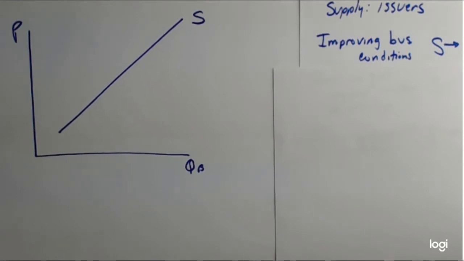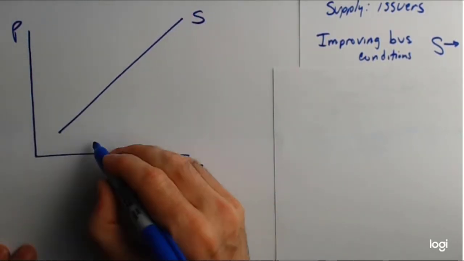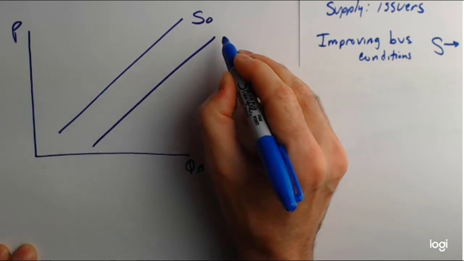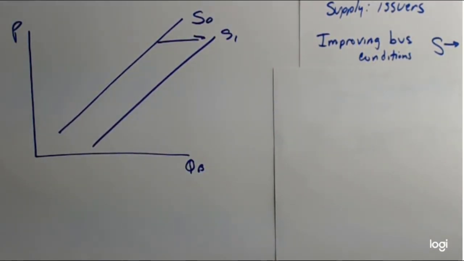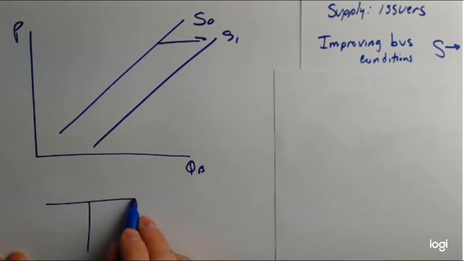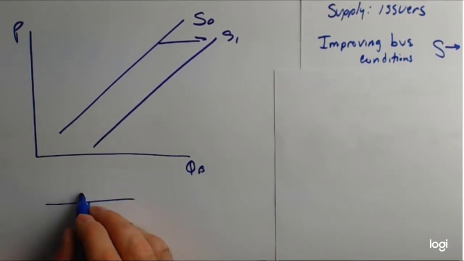So when we have improving business conditions, there's going to be an increase in the supply of bonds. So the supply curve is going to shift from S0 to S1. It's going to go to the right. That makes sense. The stronger the economy, the more likely you're going to have companies issuing bonds. So here you've got a balance sheet.